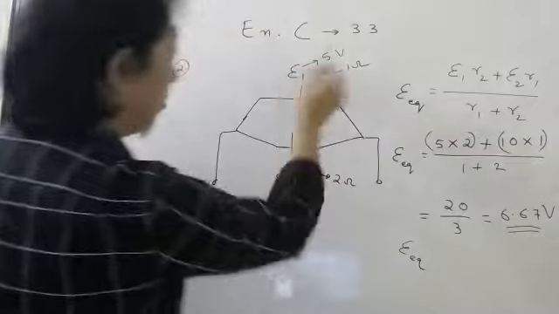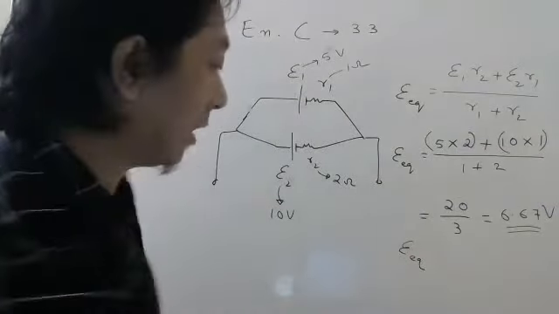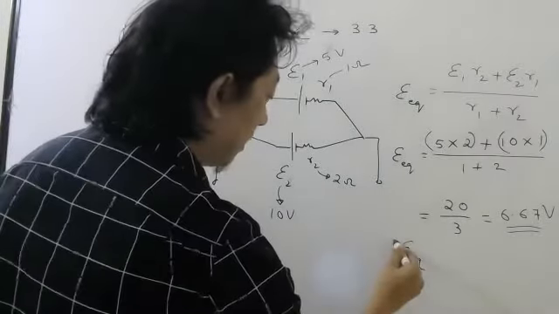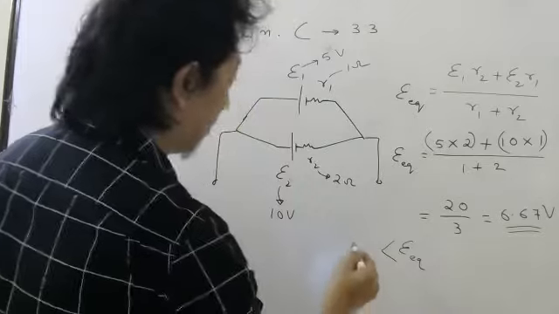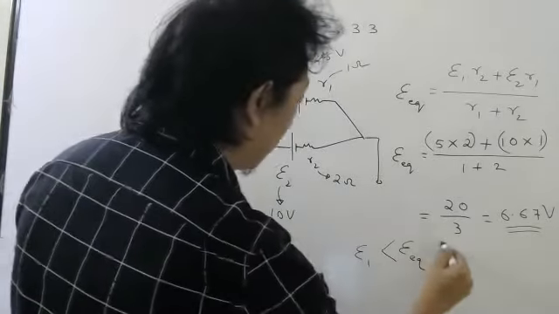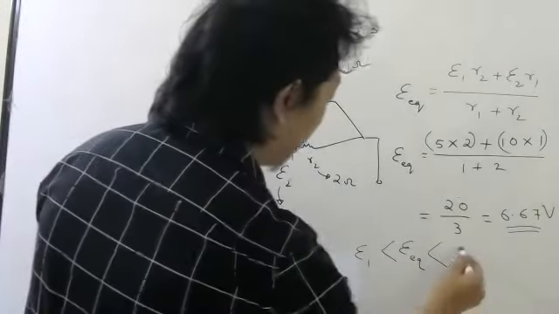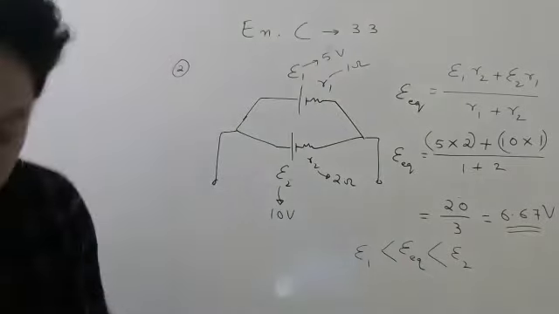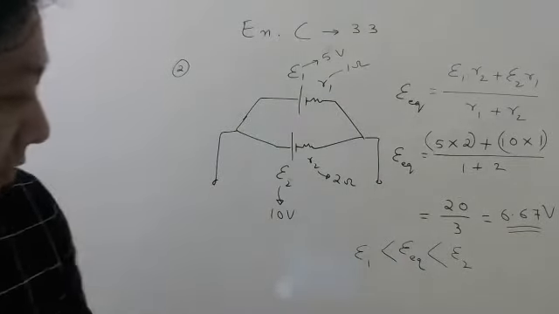So you can see the value of the equivalent EMF, and I took the values randomly. So randomly you take any value, you will find that the equivalent EMF will be greater than the smaller one, which here is E1, and smaller than the bigger one. In this example, they told E2 is bigger than E1, so this is correct.